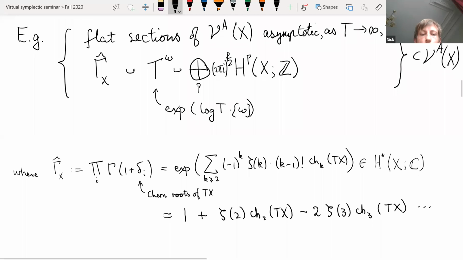Okay, so we'll call this gamma hat 0, the part in cohomological degree 0. This is gamma hat 2, the part in cohomological degree 4. This is gamma hat 3, the part in cohomological degree 6, and so on. So you can see that zeta of 2 shows up in the second bit, and zeta of 3 shows up in the third bit, and so on.